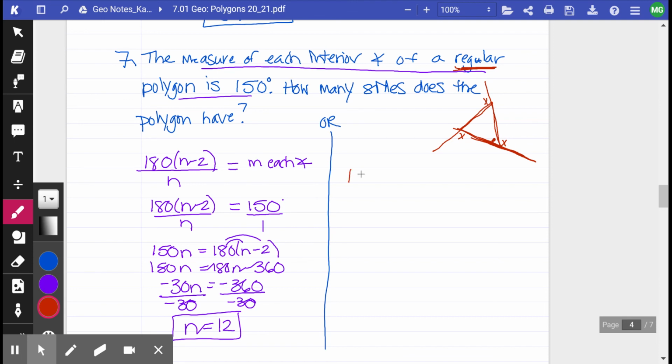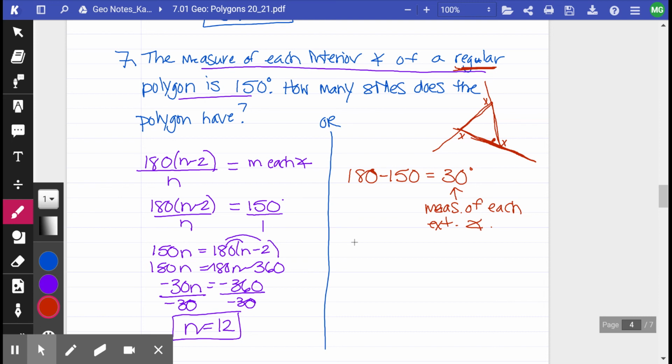So I could take 180 minus 150, and that gives me 30 degrees. So now I know that's the measure of each exterior angle. I want to know how many sides it has.